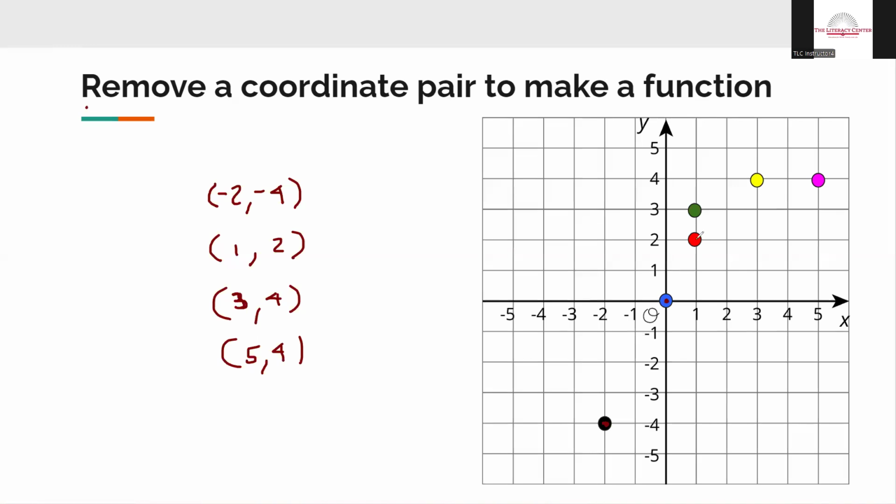And you would want to select 1, 2 because it's one of these points that's stacked on top of each other. They don't even have to be right next to each other. Even if it was up here, it would still be a problem.